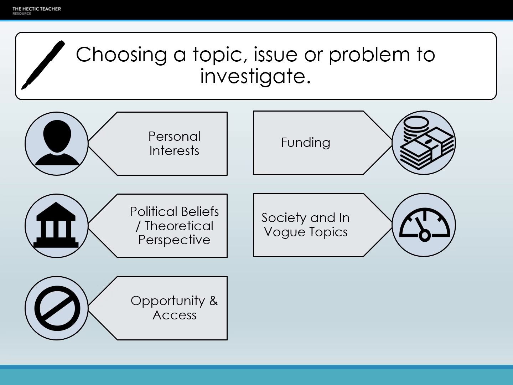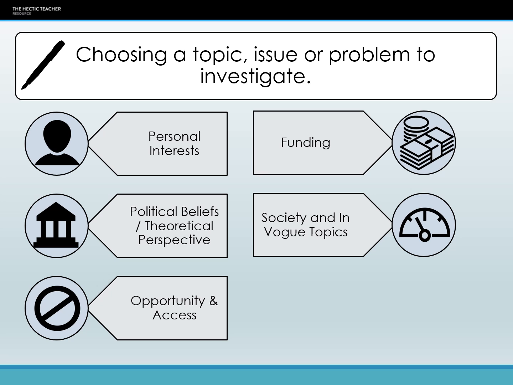Society and in vogue topics. What we mean by this is what is popular at that time, because what's popular is going to attract more funding. If it's something that the wider society is interested in and something that they are wanting to know, research funding will become available. It's what needs explaining at that time. So it kind of links in with that opportunity factor.